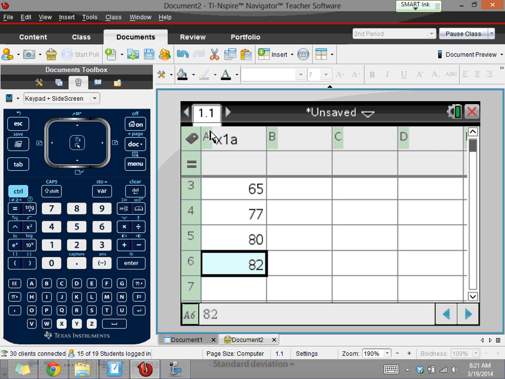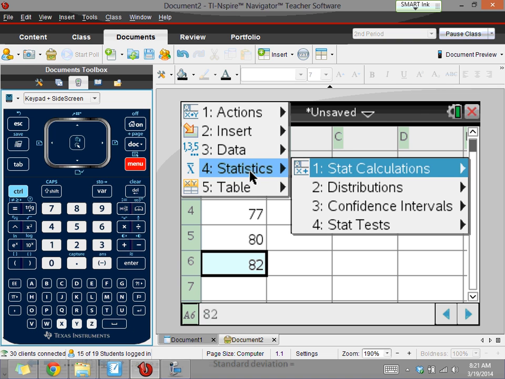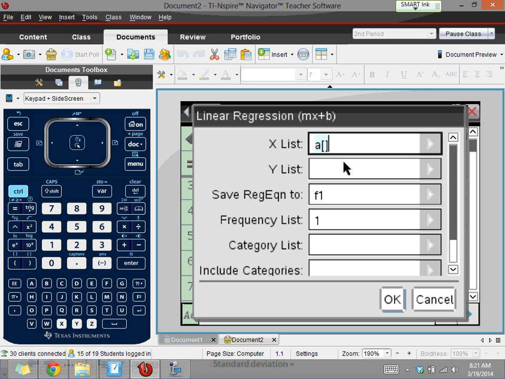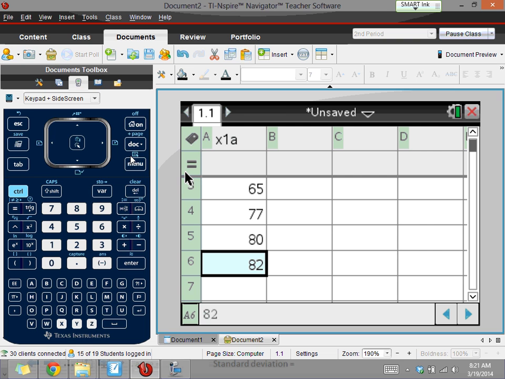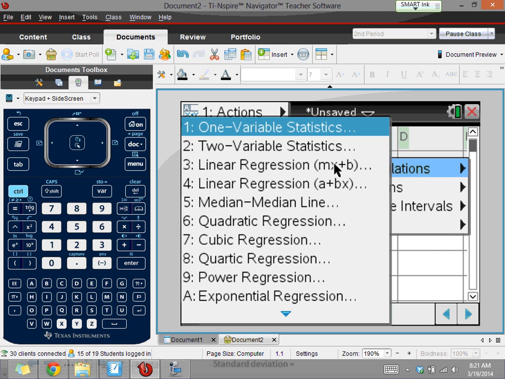Okay, 2 things we're going to do. The first thing is menu stats. The second thing is doc insert. So first let's do menu stats. Menu, statistics, stat calculations. And how many columns of data did we have? 1.